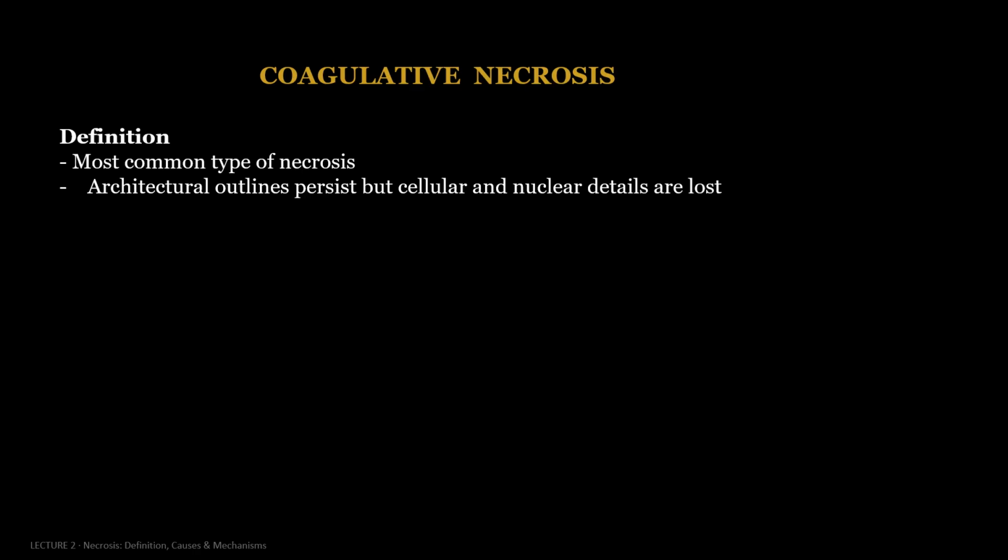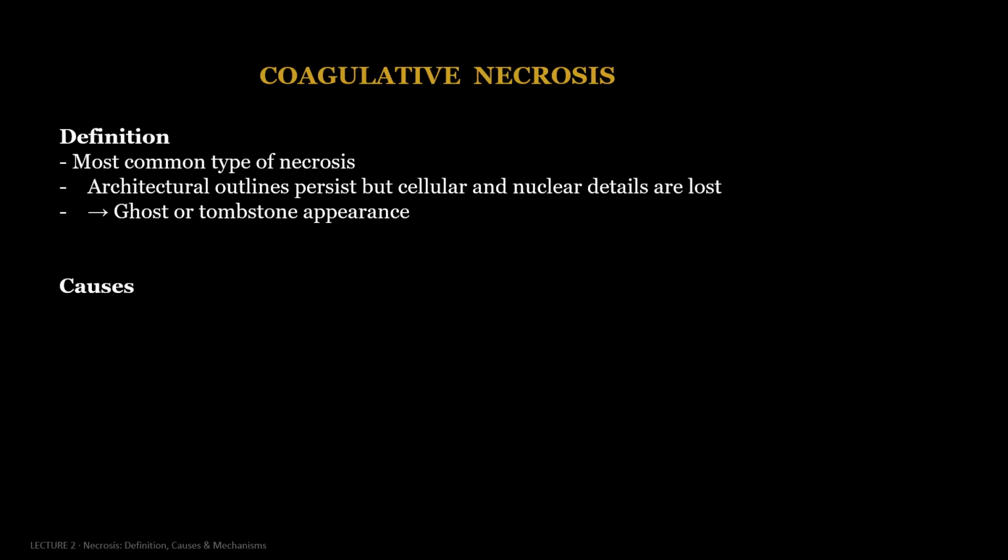So in coagulative necrosis, the architectural outline persists, that is, it remains, but the cellular and the nuclear details are lost, leading to the formation of a ghost or tombstone appearance. So the characteristic feature of cells undergoing coagulative necrosis is the formation of ghost or tombstone appearances.